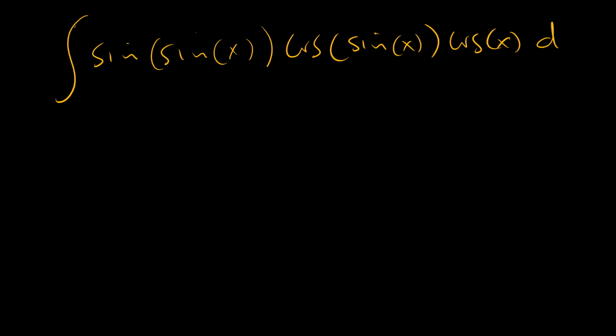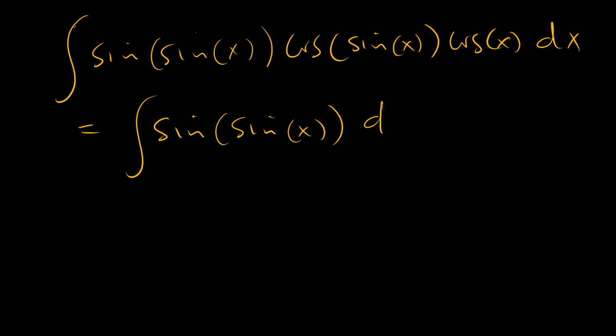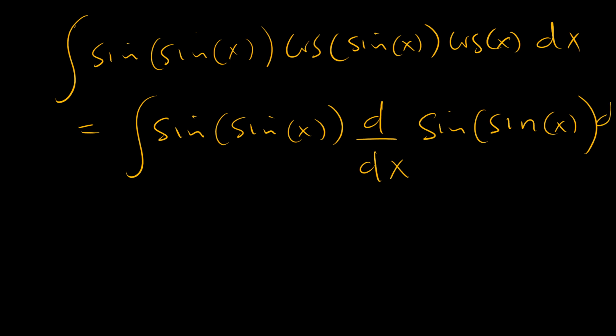The integral of sine of sine x, cosine of sine x, cosine x is equal to the integral of sine of sine x times the derivative of sine of sine x.